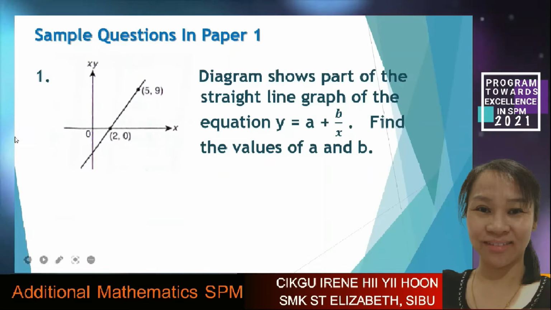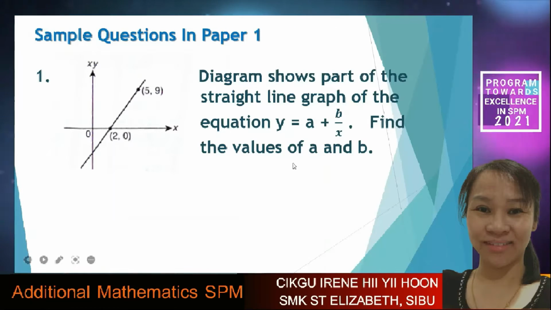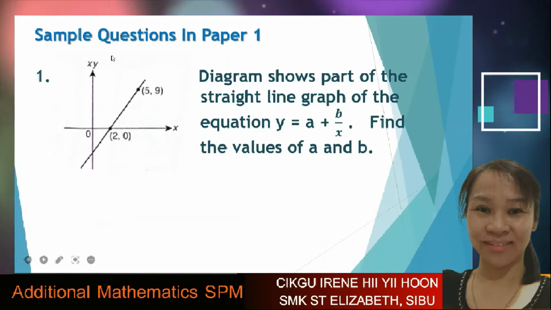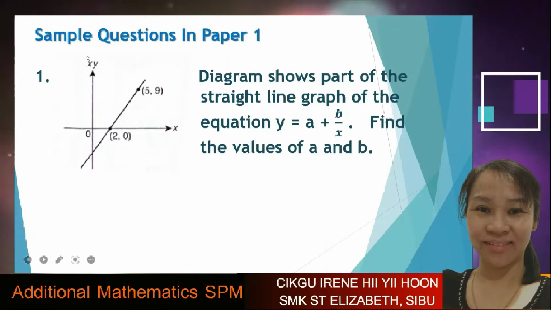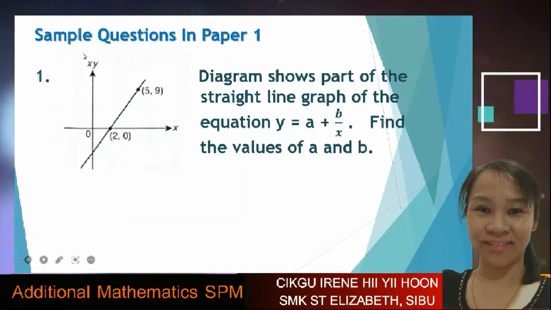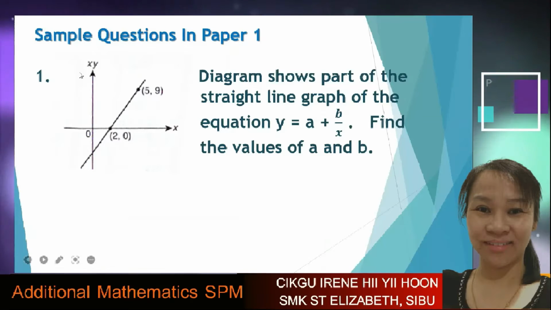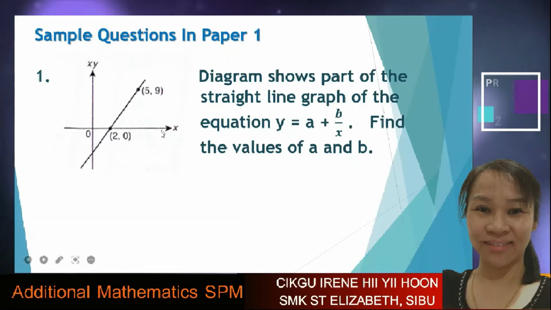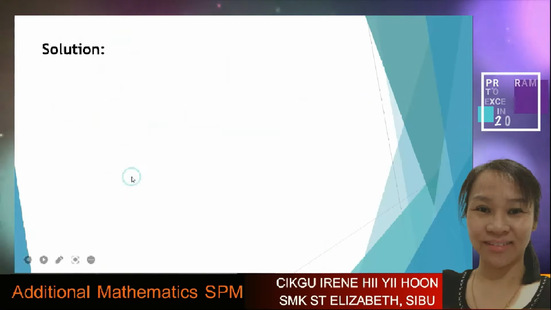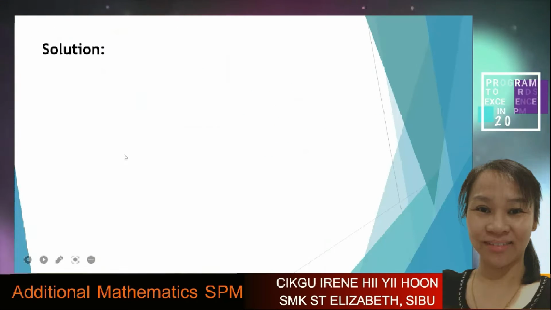The question is, find the values of a and b. So now let's look at the graph provided. Here the y-axis represents xy and the x-axis represents x. So let's look at the solution.